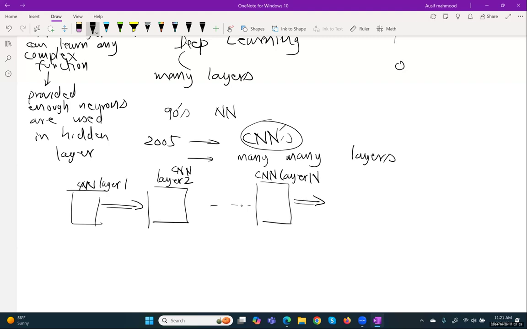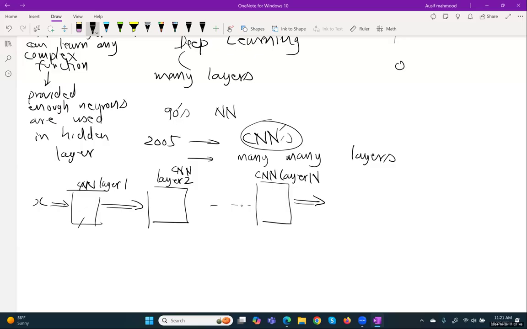But the important thing to keep in mind is that these layers are transforming the data. They are not learning the decision boundary, okay? Because if they were learning the decision boundary, then, like I said, we would violate the universal approximation theorem.